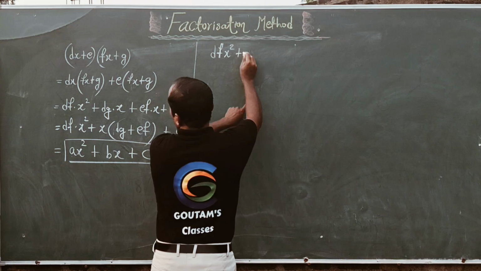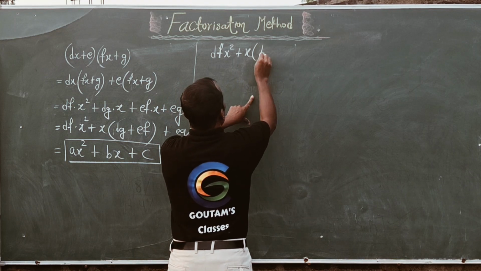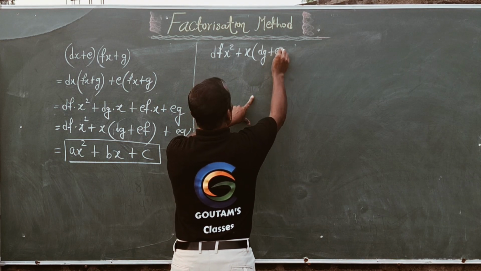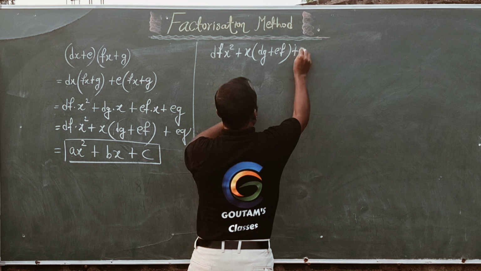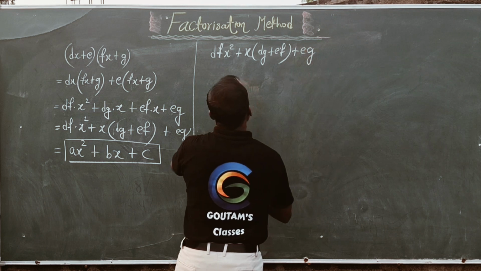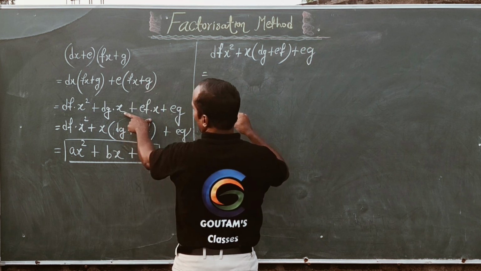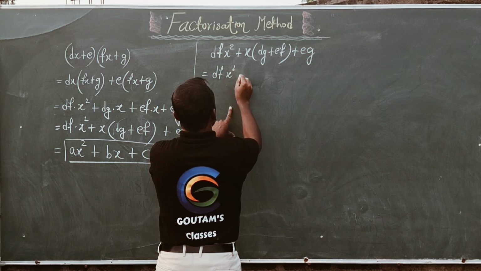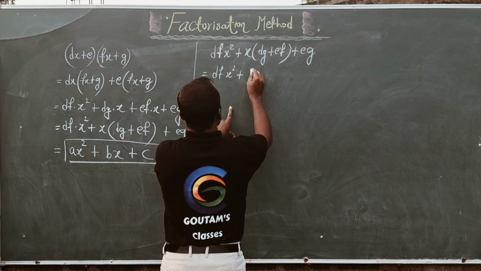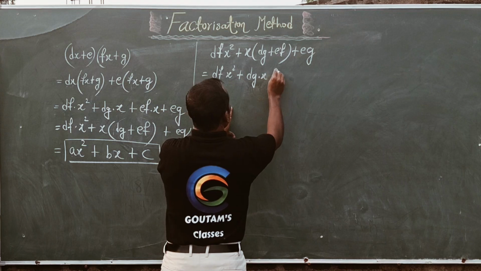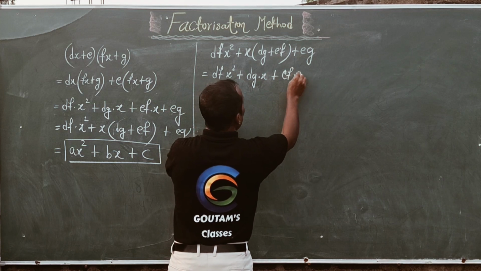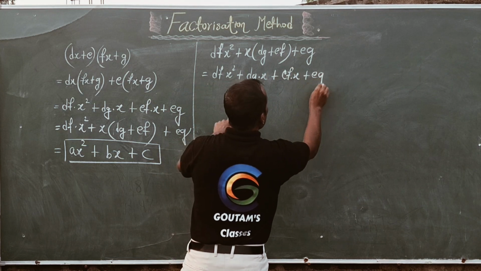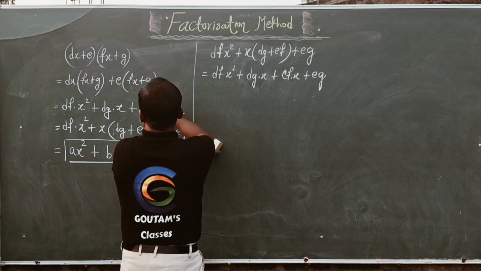df x square plus x into dg plus ef plus eg. Then just the previous step was df x square plus dgx plus ef x plus eg. Now, what is the next step?